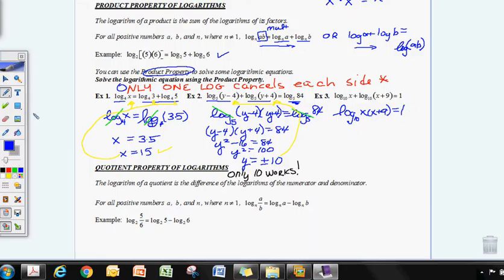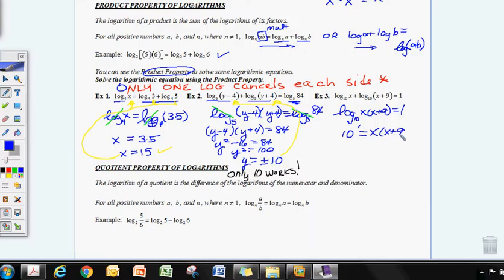Now, the question that we asked on Friday, how do you get rid of this log? You can't. So if you can't drop the logs like we did in examples 1 and 2, what's the other way to do it? Rewrite this exponentially. So this becomes 10 to the first power would equal x times x plus 9.